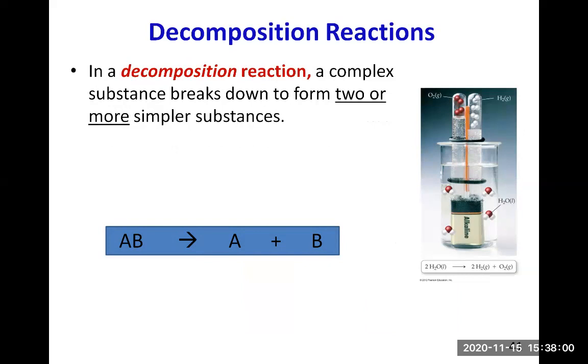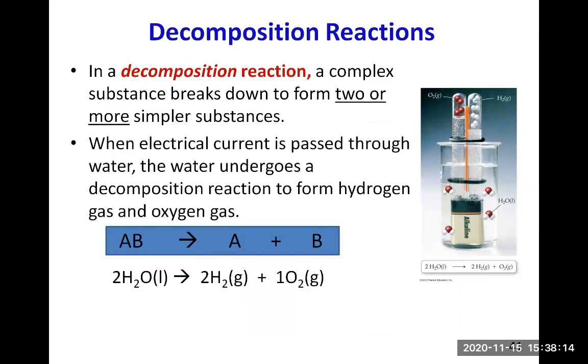Decomposition reactions are the opposite of synthesis reactions because a complex substance breaks down to form 2 or more simpler substances. So you have 1 reactant and you're making 2 or more products. For example, when an electrical current is passed through water, the water undergoes a decomposition reaction to form hydrogen gas and oxygen gas.